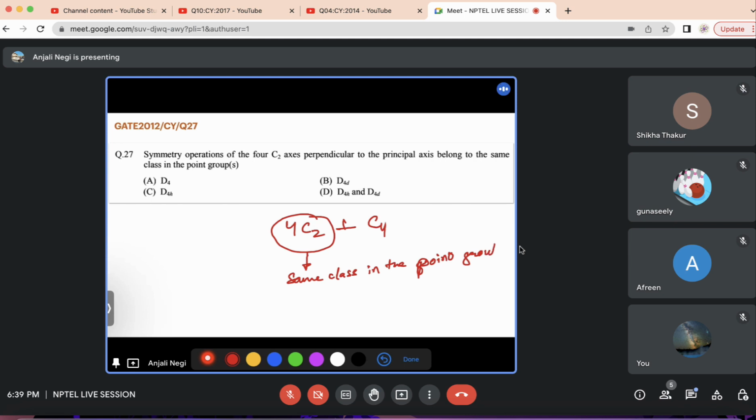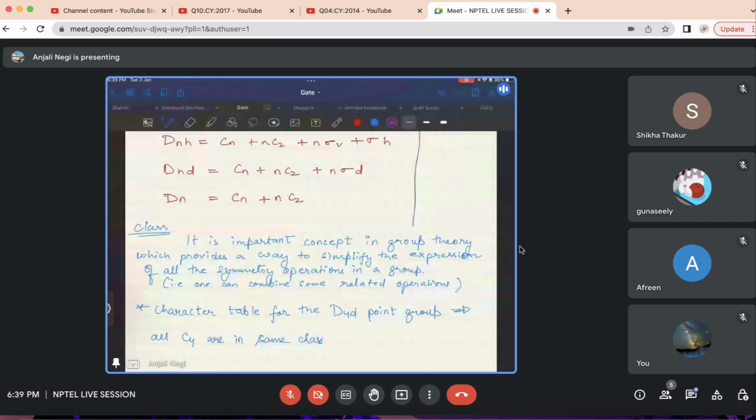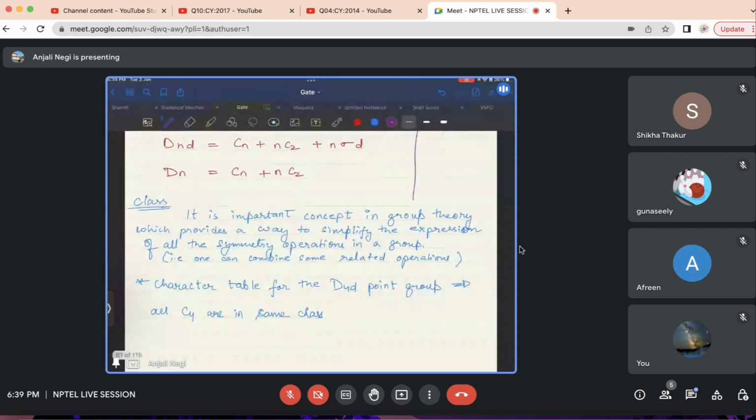So here it is very important, like what is the meaning of class in the point group. For that, I will recommend you to go through the lecture in the NPTEL course, but for the time being, I will discuss it briefly here. A class is a very important concept in group theory.